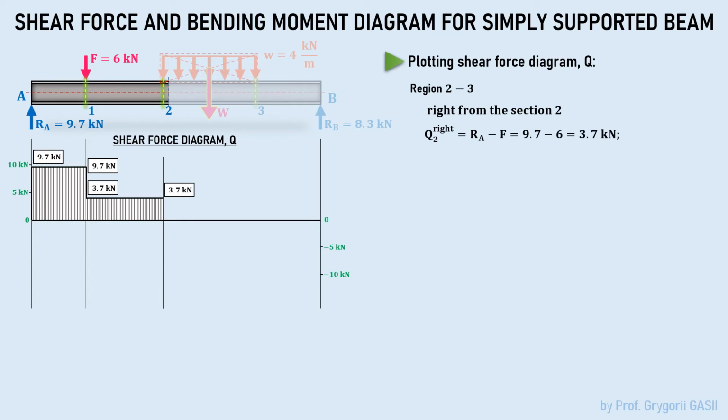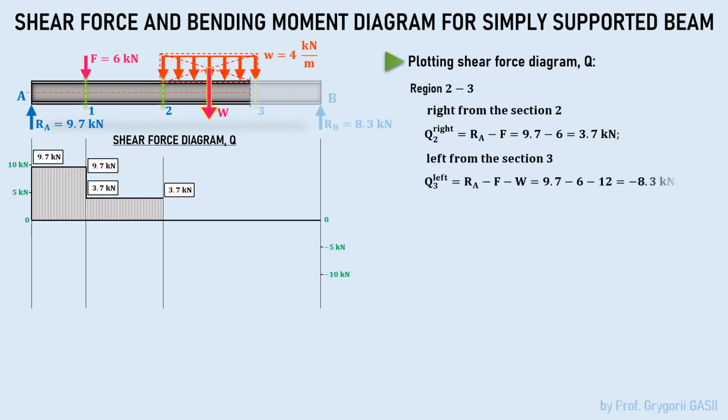Consider a spot as close as possible to section 3 to the left. In this case, the resultant force of the uniformly distributed load has to be taken into consideration in the equilibrium equation. Write and solve the equilibrium equation for the shear force. Solving the equation, we get the shear force equal to minus 8.3 kilonewtons.